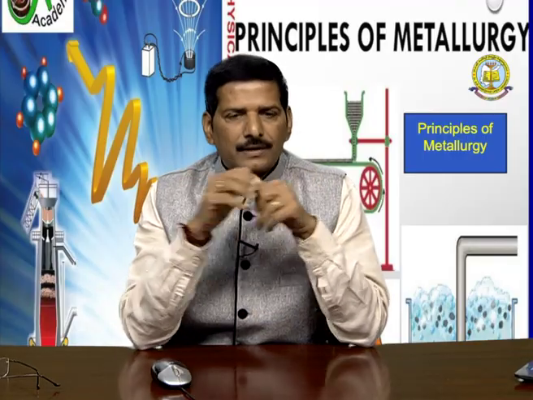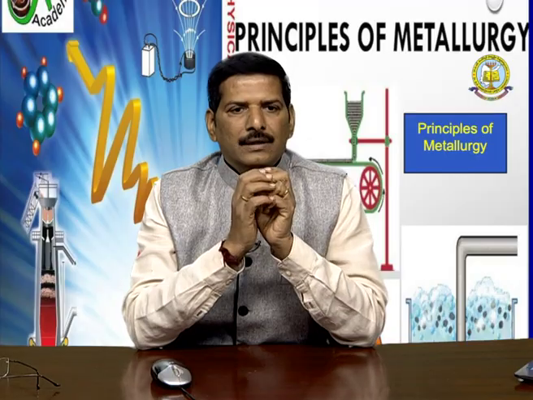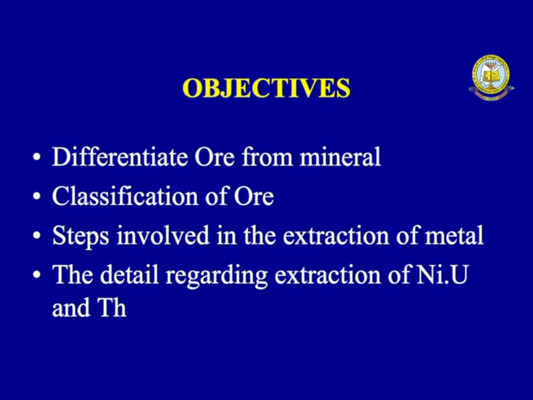After completion of the lesson, we will learn to differentiate between ore and mineral, the classification of ores, the steps involved in the extraction of metals, and the details regarding extraction of nickel, uranium and thorium. So these are the objectives.